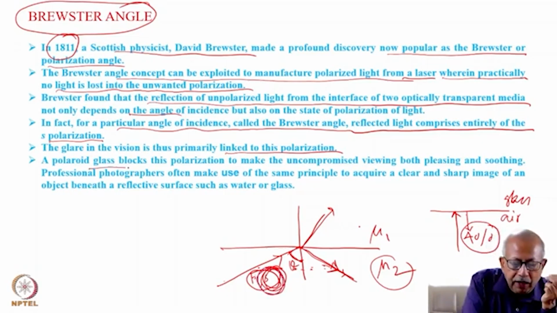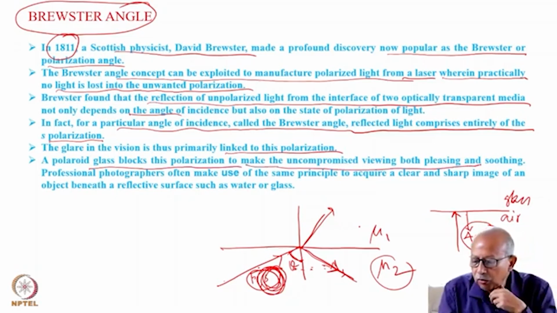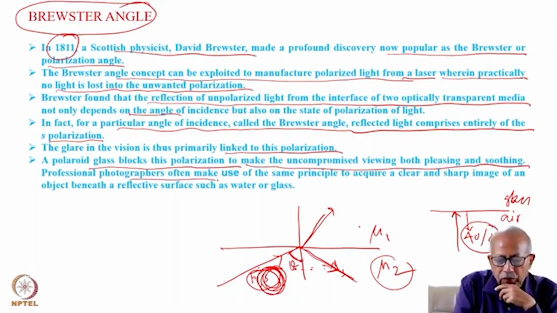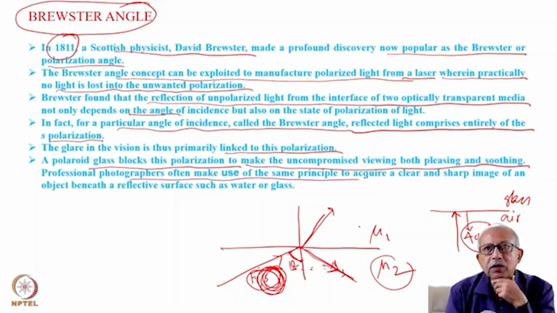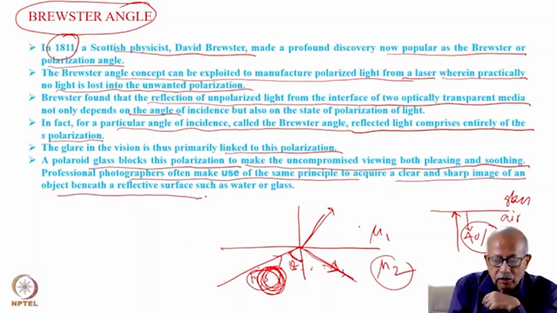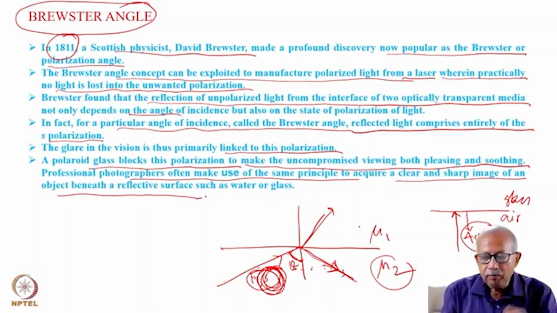A polarized glass blocks this polarization to make the viewing both pleasant and soothing. Professional photographers often make use of the same principle to acquire a clear and sharp image of an object beneath a reflective surface such as water or glass, as we had already seen in the picture that I showed at the beginning of this lecture.